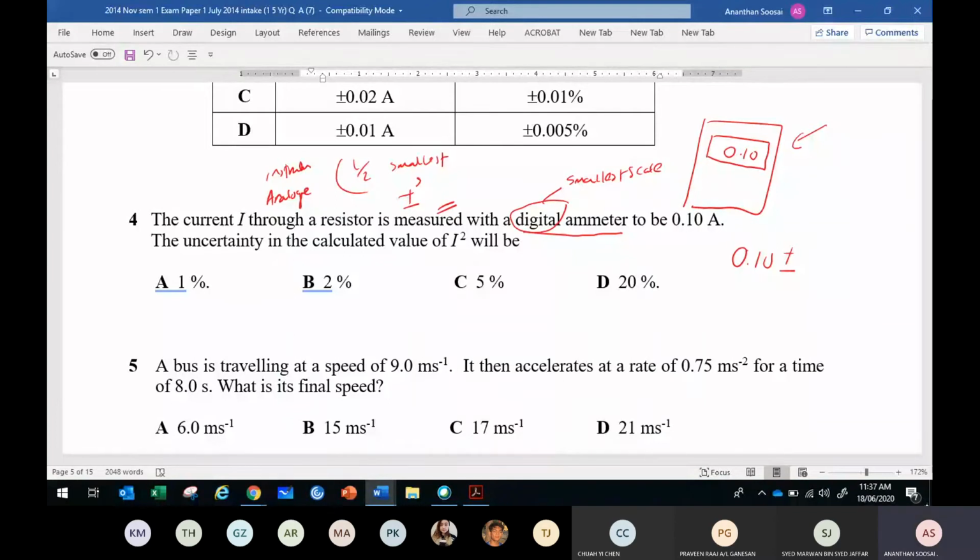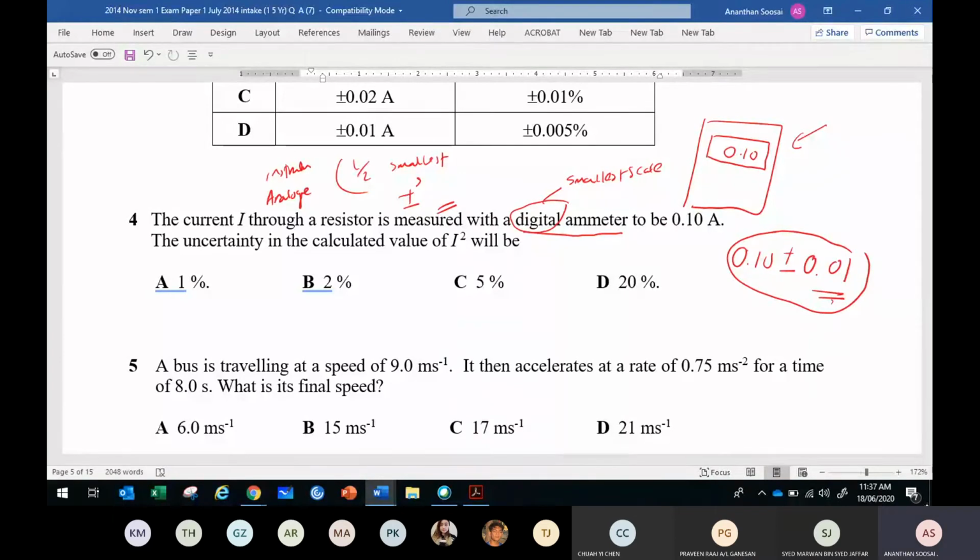So here for this reading, what is the smallest scale? 0.10 has 2 decimal places, so the smallest scale is 0.01. This is the reading with the uncertainty. They're asking for the uncertainty of I squared.